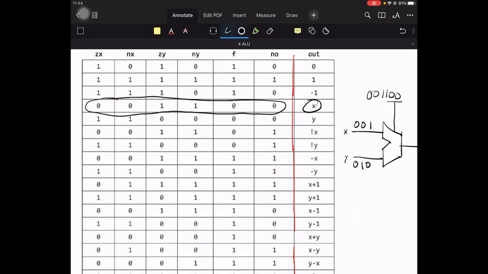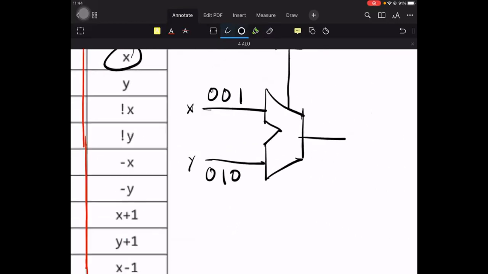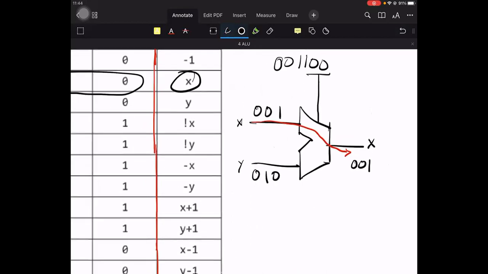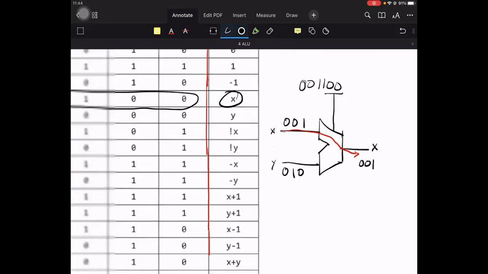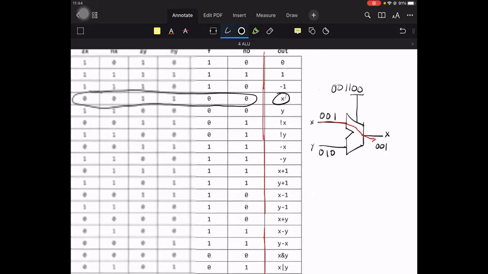Meaning the output is X. Meaning we can predict the output: it would be 0, 0, 1. Ignore Y. Because our opcode is 0, 0, 1, 1, 0, 0.